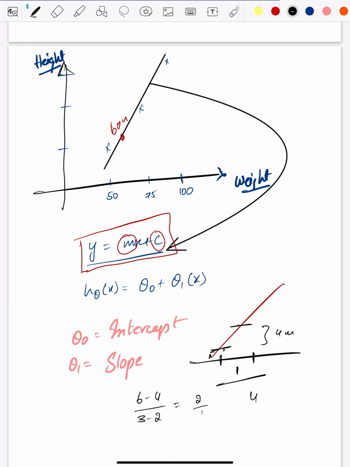You can clearly see this based on the slope. So that's what slope is about. When you put the slope here, it will become a straight line. You can build a straight line by using the intercept and slope. So our task is to find these: theta naught, theta 1.